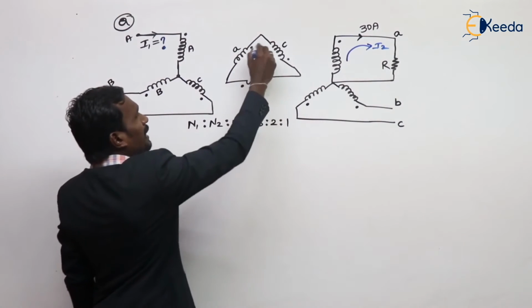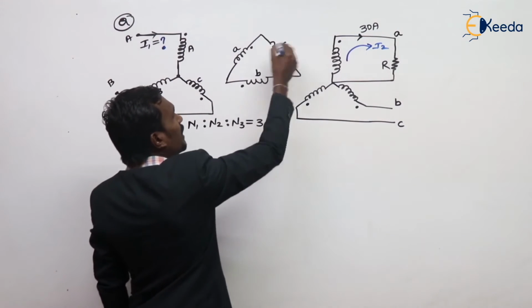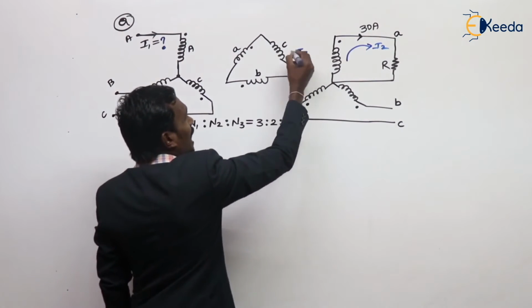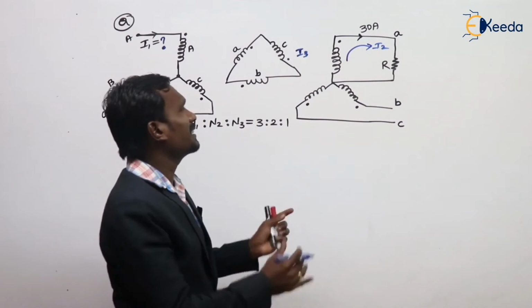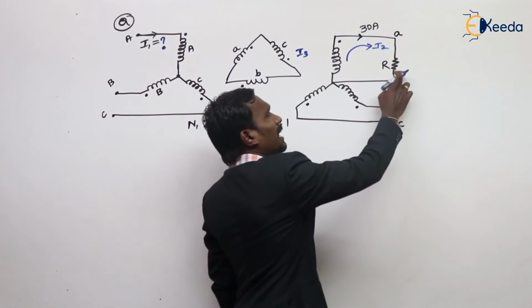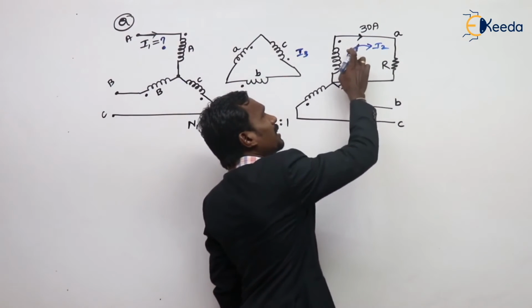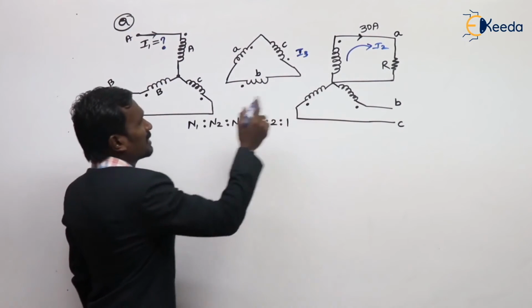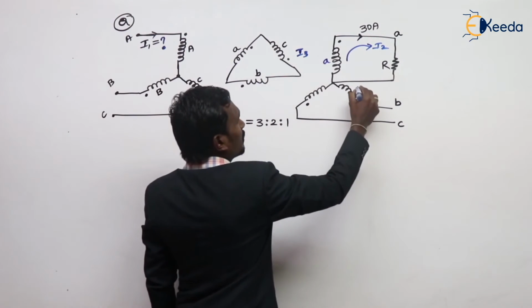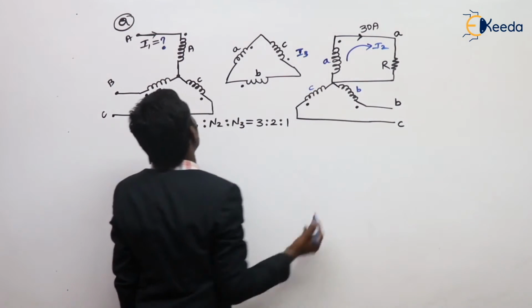In the tertiary winding the current is I3. I will tell you the notation. They applied a single phase load on this A phase. This is the A phase, this is the B phase and this is the C phase.